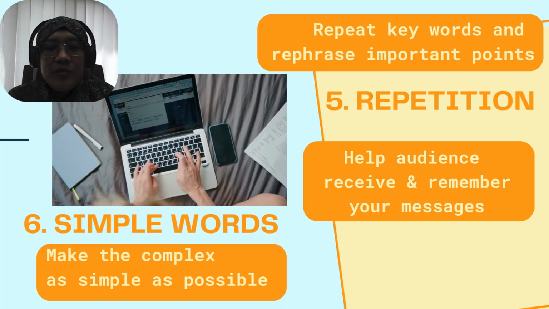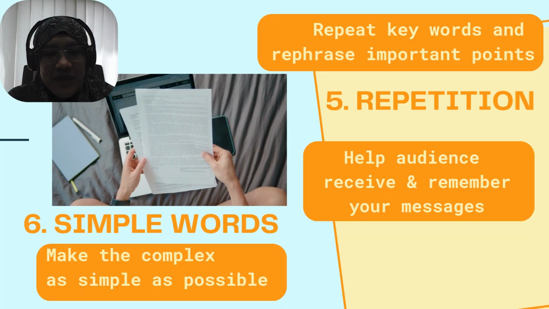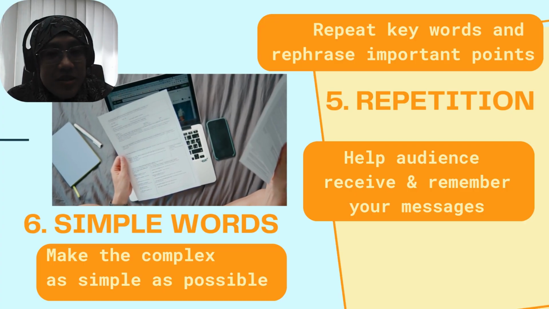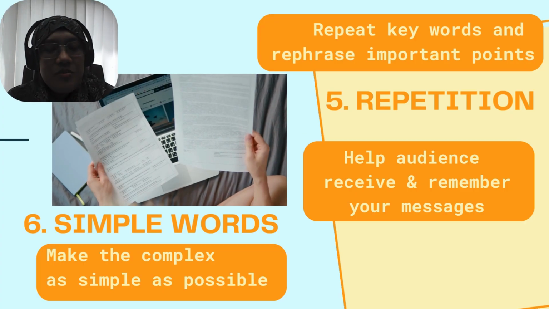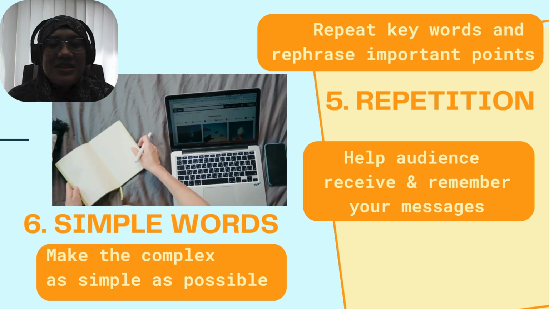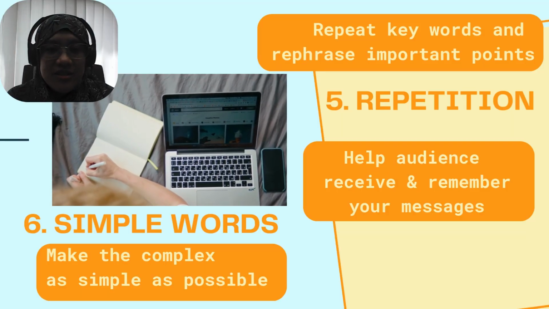Next, the last verbal cue is simple words. Again, when we want to have an effective presentation, we have to make the complex as simple as possible. Now, this is what I hope I managed to get in my presentation.